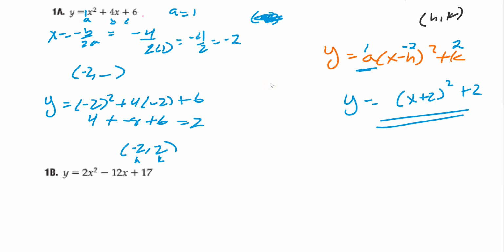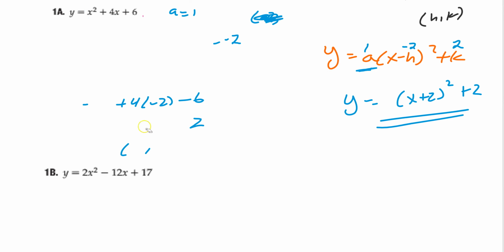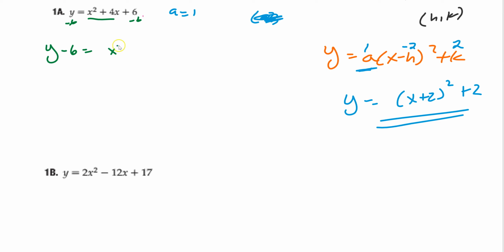So again, that's one way to do it. Another way to do it, just to show you, and it's probably the only time I'm going to do it this way, you can also complete the square. So let me show you that way just for completeness. I need some room. If you want to complete the square, remember the way we complete the square, you want to get the x's by themselves, so let's subtract the 6 from both sides. So we get y minus 6 equals x squared plus 4x. And then we take the middle term, divide by 2 and square it.